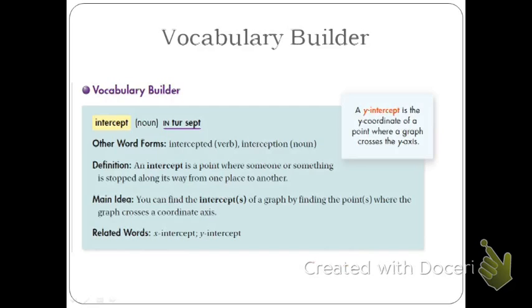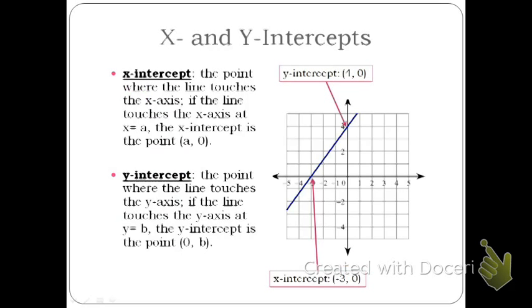So these are called x and y intercepts. So in this example here, the blue line, you notice that the y-axis is this line going up and down, and you notice our blue line intersects right here. Its intercept is a point, and that's important to know that it is a point.